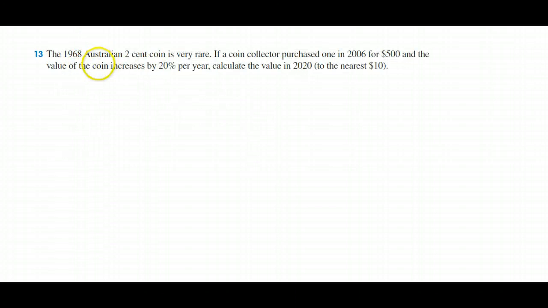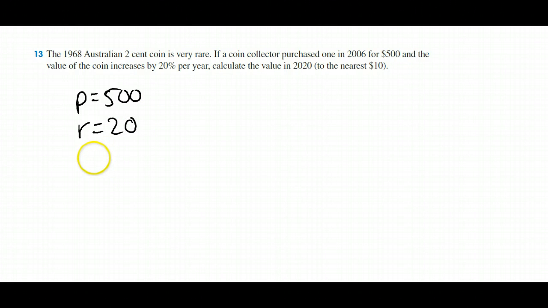In question 13, the 1968 Australian 2-cent coin is very rare. If a coin collector purchased one in 2006 for $500, so I'm guessing that's going to be our principal amount, and the value of the coin increases by 20% per year, that's a very rapid appreciation. Calculate the value in 2020, which is going to be in 14 years after the purchase was made.